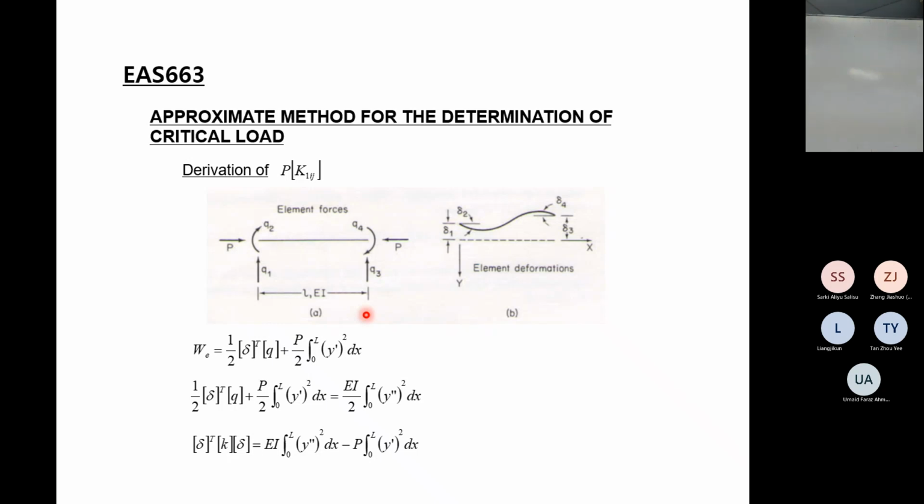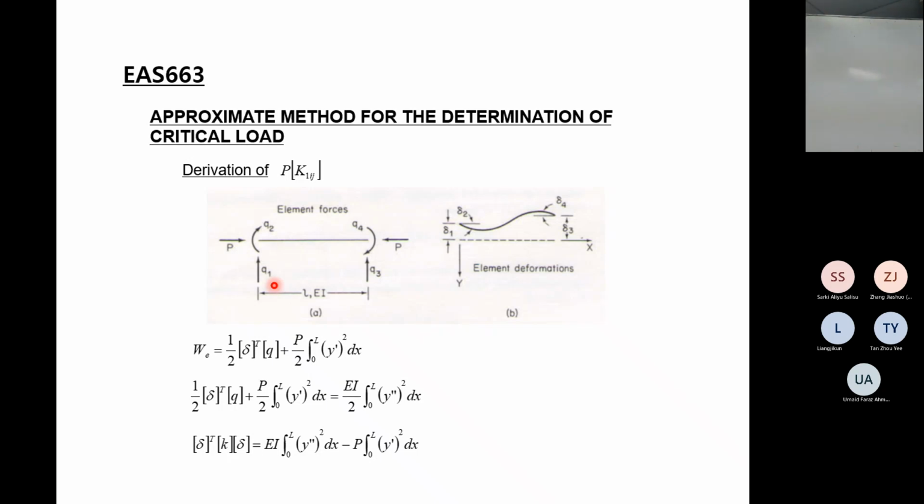Look at the coordinate system that we use for the element: this is X and this is Y. The positive direction for forces is in the positive Y direction, so Q1 and Q3 are positive. For rotation, clockwise is positive, Q2 at this end and Q4 at that end. The axial force that we are going to derive here is for compression.